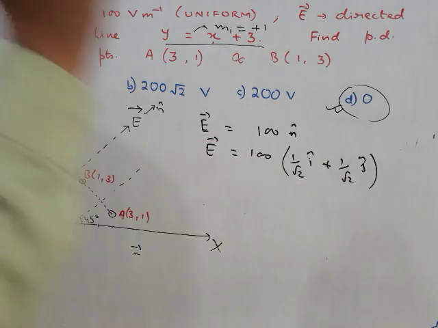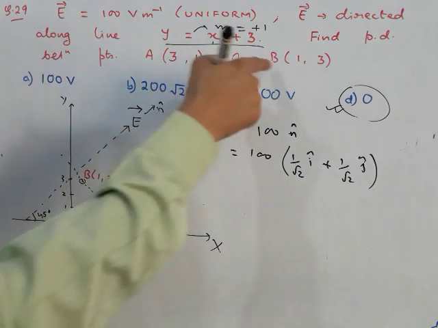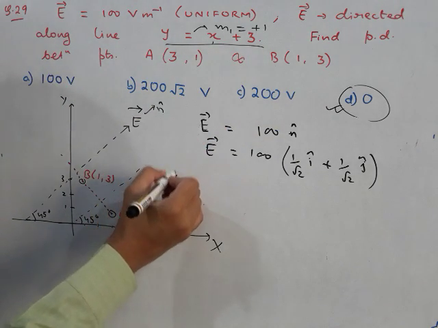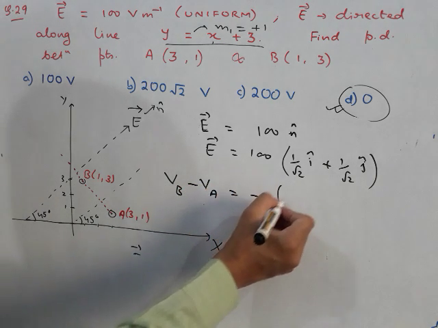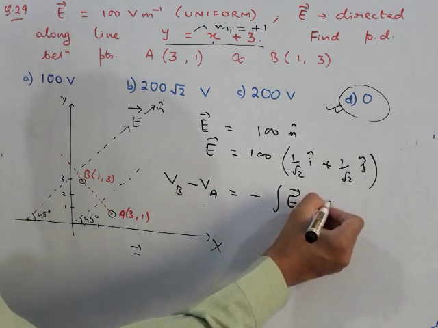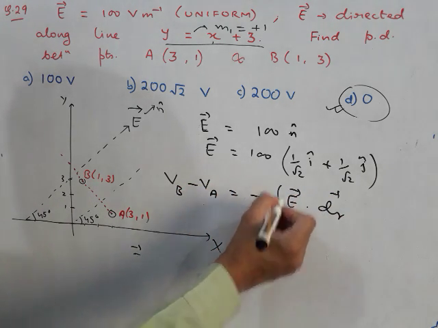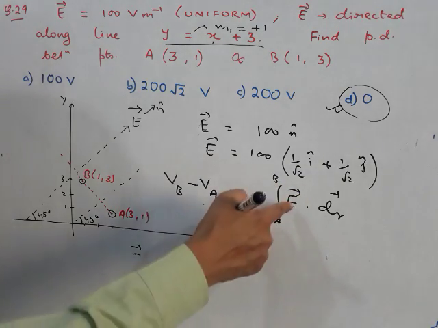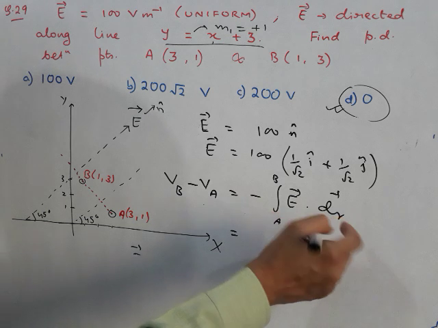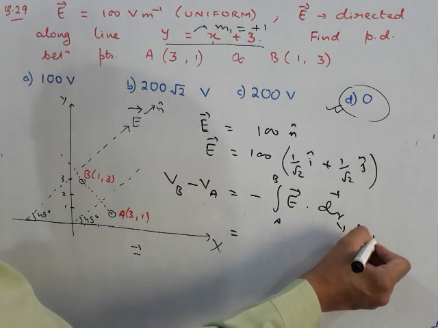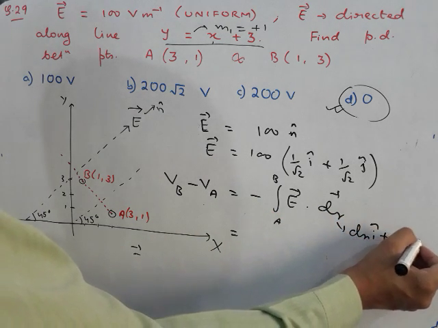First I have found E vector. Then I have to find potential difference between A and B. Potential difference between A and B I'll write as VB minus VA, and you know it is given by the formula minus integration E dot dr from A to B. Now E vector has two components, Ex and Ey. Dr vector we can write as dx i cap plus dy j cap.